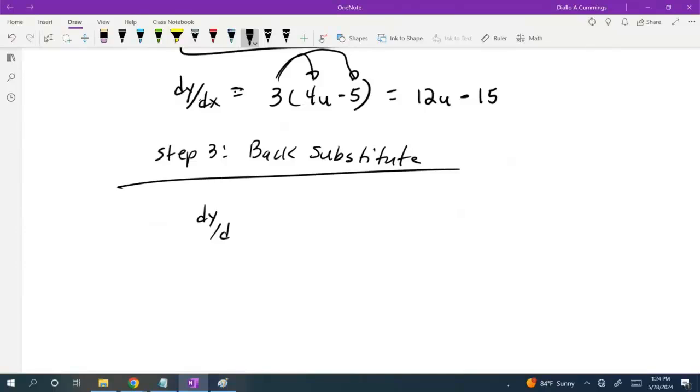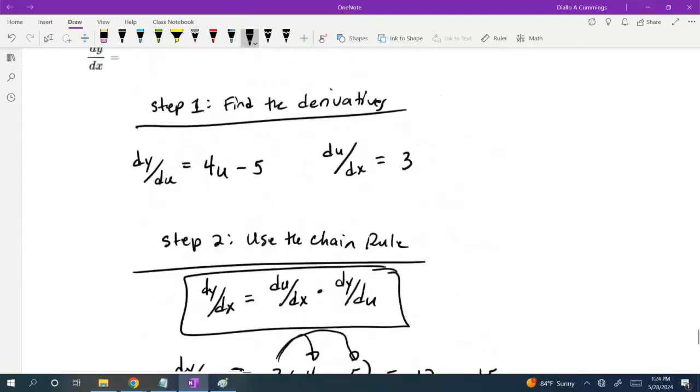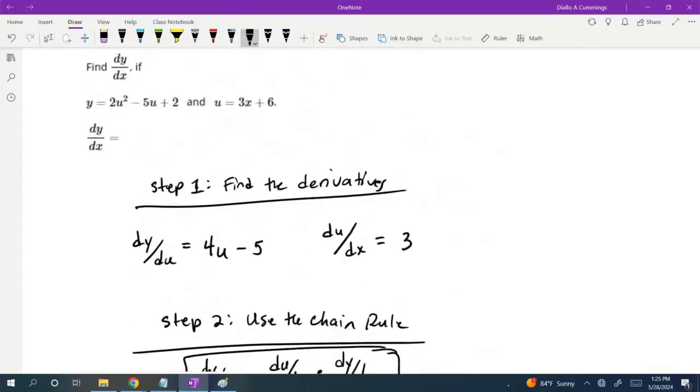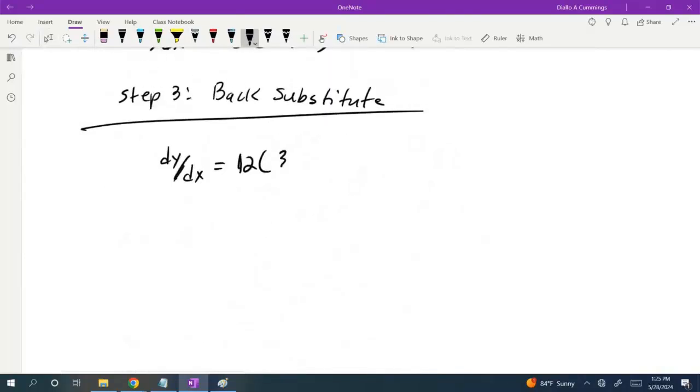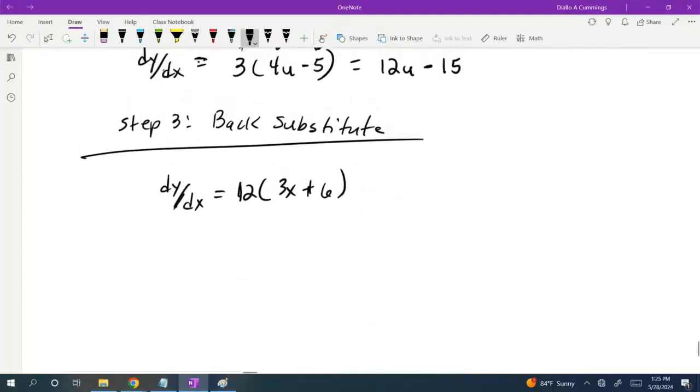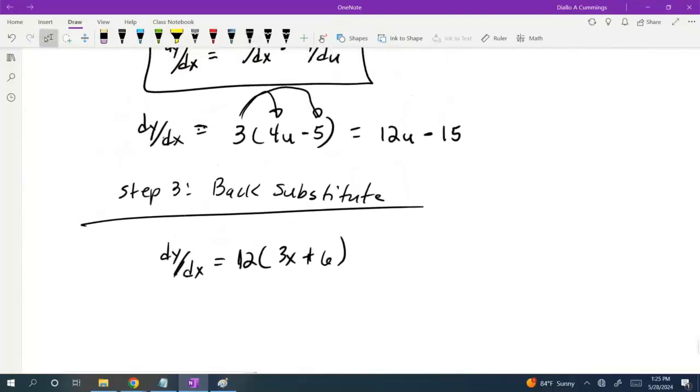So dy dx is equal to 12 times u, and recall that u is 3x plus 6, minus 15.